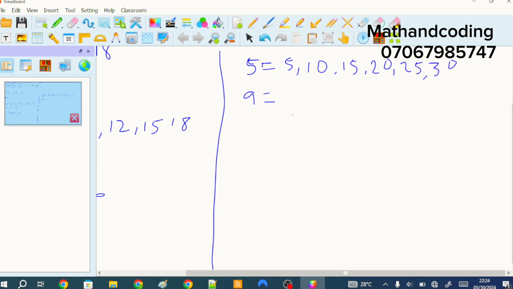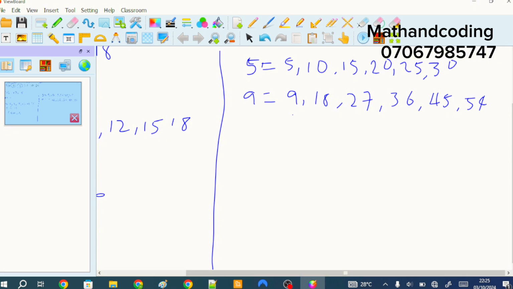Multiples of 9, we'll have 9, 18, 27, 36, 45. So you can see we haven't gotten a common multiple yet, and then we'll have 54.